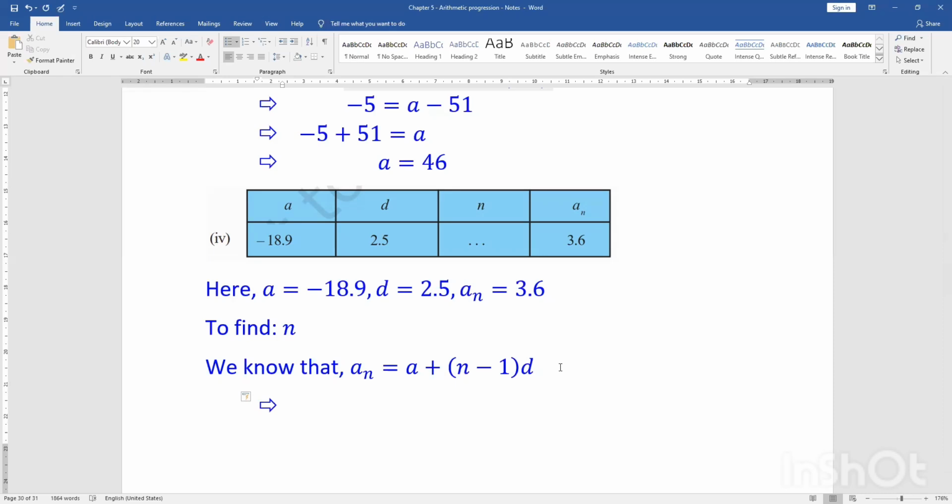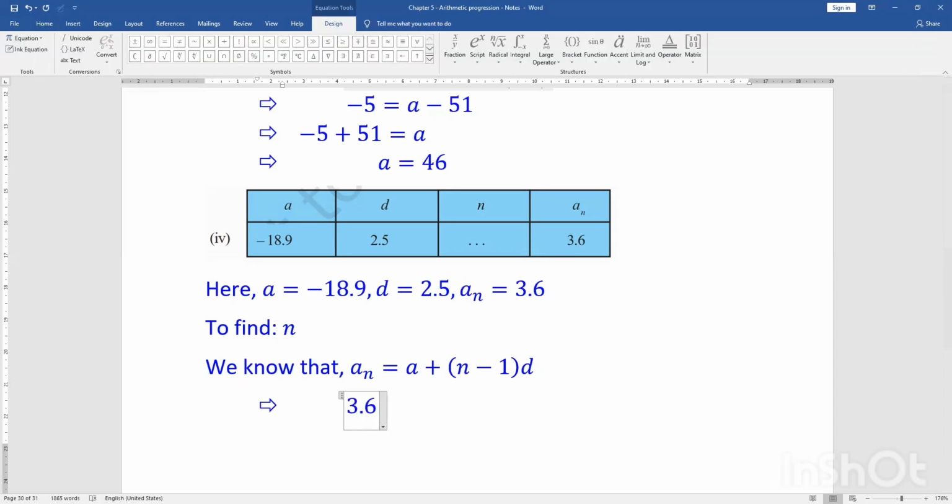So we have AN as 3.6. 3.6 equals A value, written as -18.9, plus, do you know the value of N? I don't know the value of N, so I keep it as it is. Then what is D value? D value is 2.5.